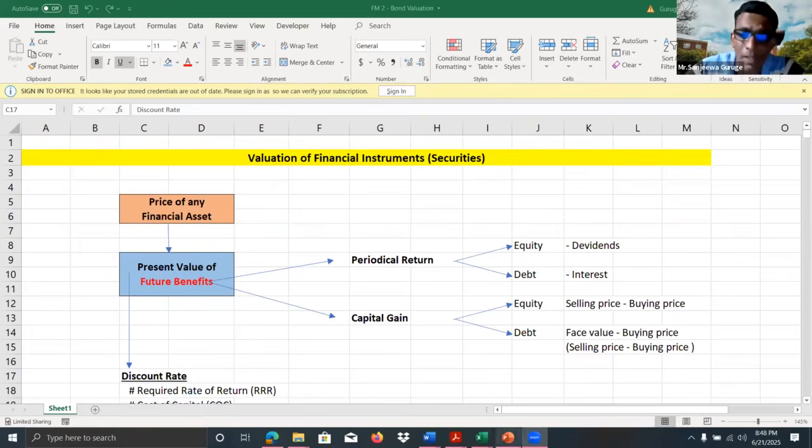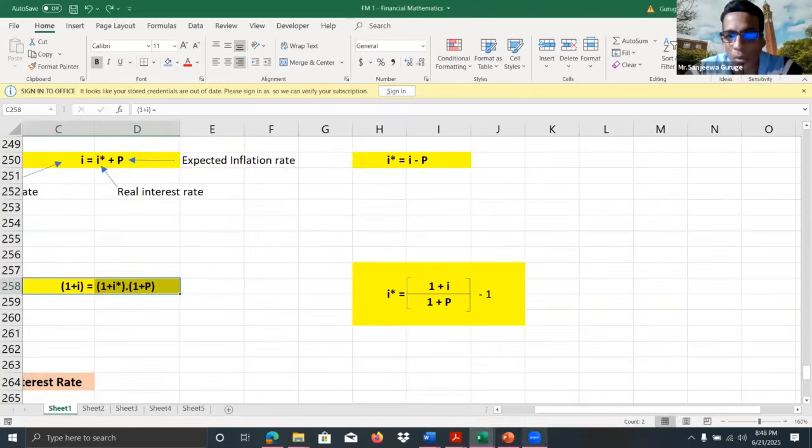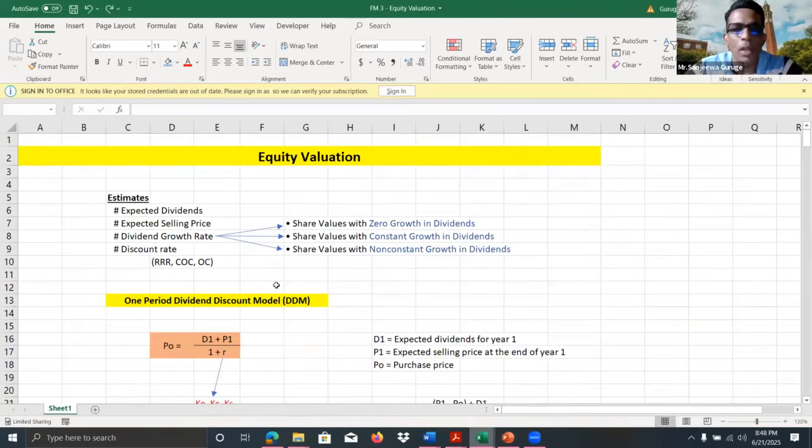So even the estimation of the discount rate is not very straightforward when you calculate the price of a share, right? We need to estimate all these values, especially when you are going to do business valuation.